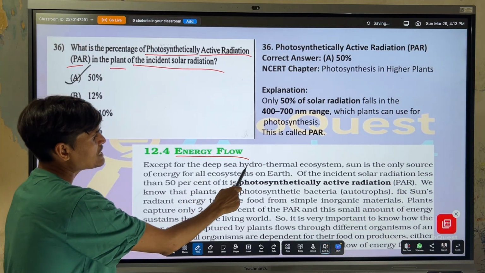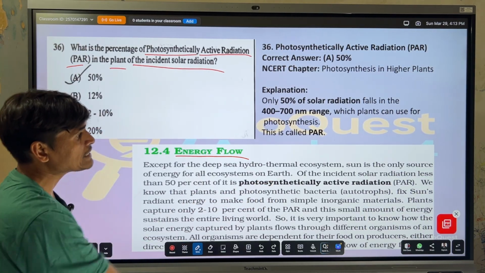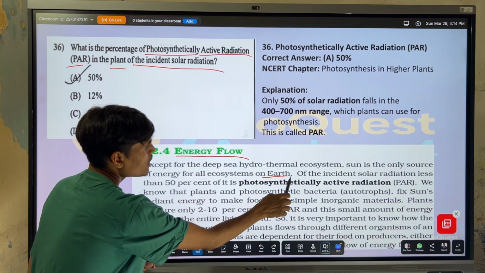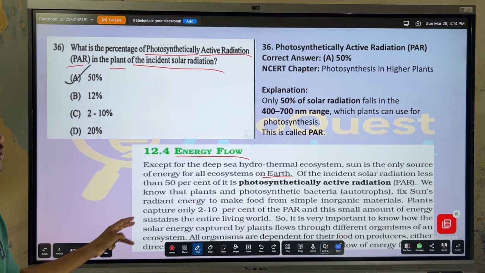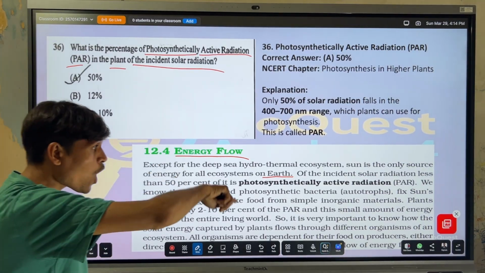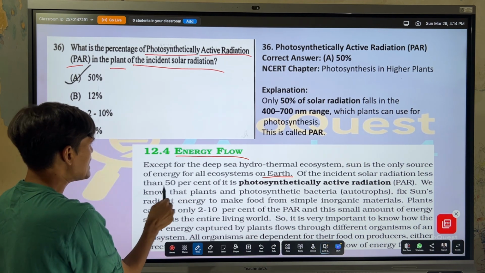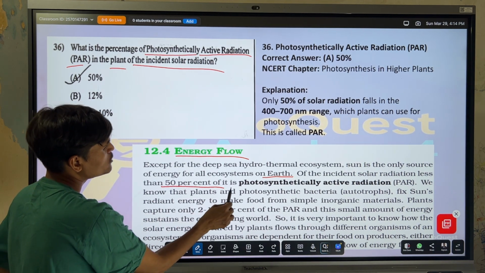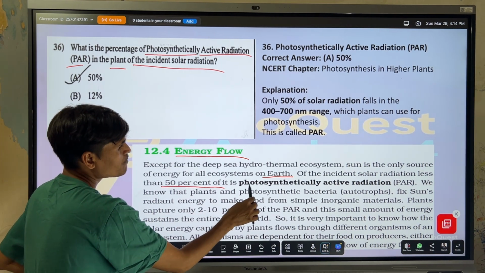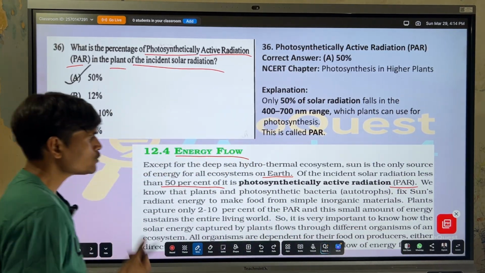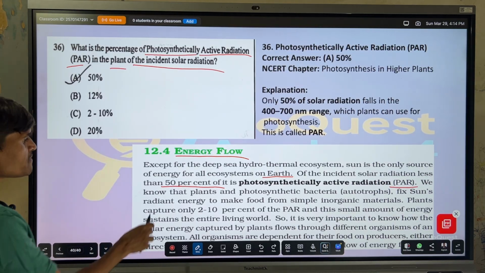Except for the deep sea hydrothermal ecosystem, the sun is the only source of energy for all ecosystems on earth. Of incident solar radiation, less than 50% is photosynthetically active radiation, called PAR. So how much PAR can we see?